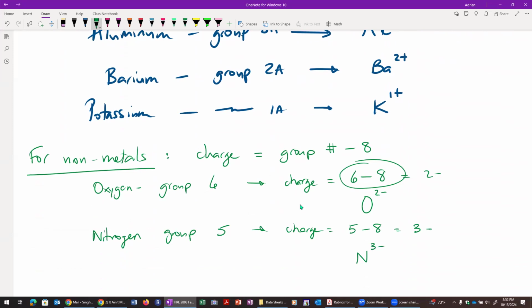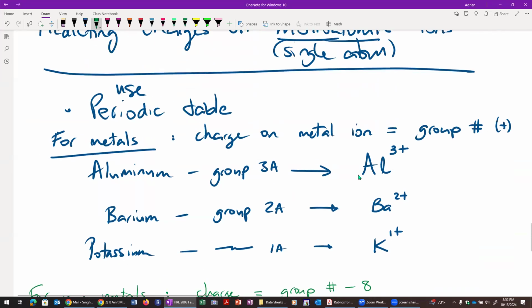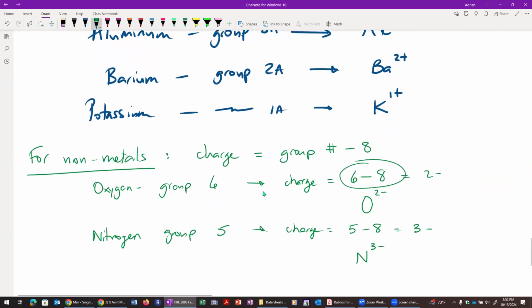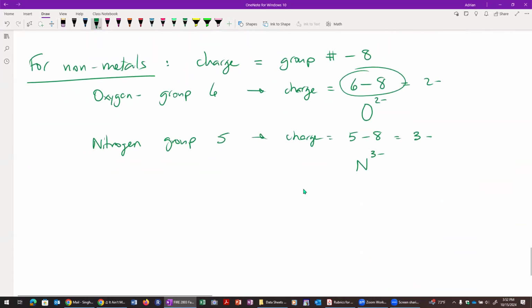Again, we're using the periodic table to help us predict the charges on these ions. If it's a metal ion, the charge is simply equal to the group number, positive charge. If it's a non-metal, the charge is the group number minus 8. Once we figure out these charges, then we can start figuring out how many of these positives and negatives are going to combine with each other, because opposite charges will attract.